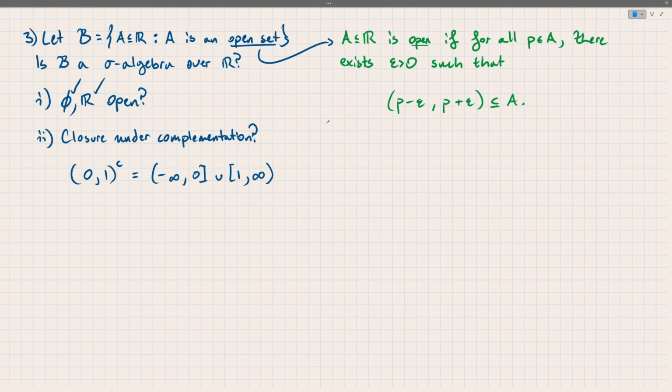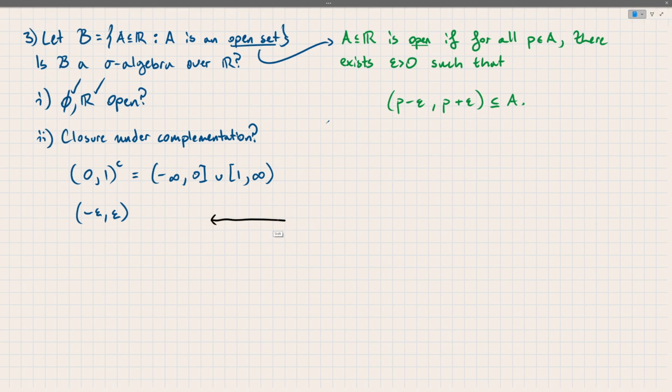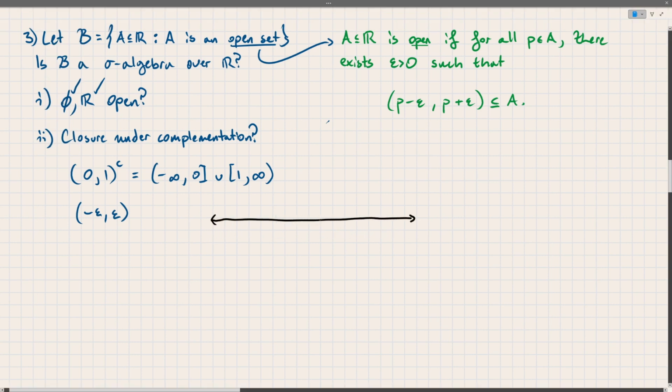Using this definition, if I take the point 0 and I consider an open ball around 0, negative epsilon, epsilon. Let me draw a picture to illustrate what I mean. Okay, here's 0.